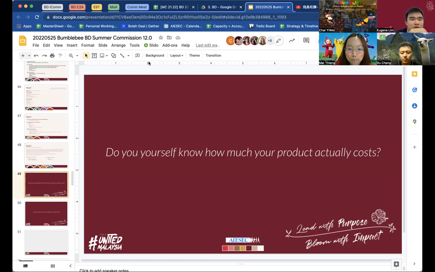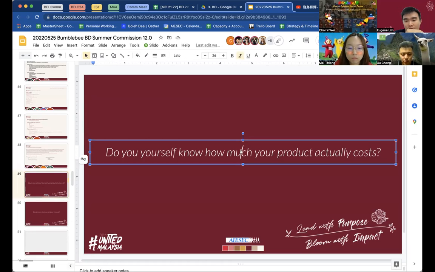Yes, so the majority of the fund is also raised for beneficiaries, not for us. That's a logical explanation also. But coming back to this question, no one knows? If you don't know, you can type you don't know. But no one knows how much your product costs, is it?